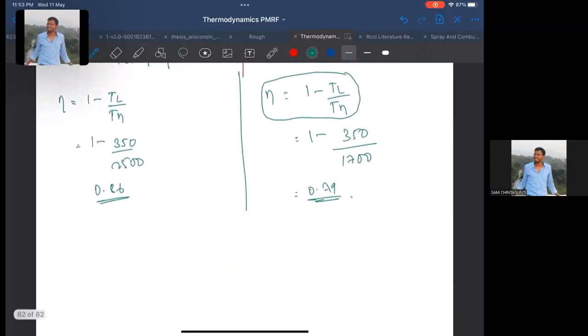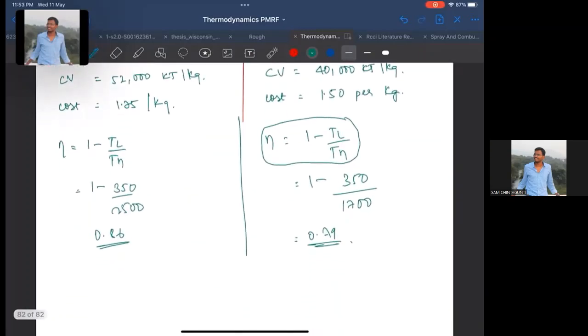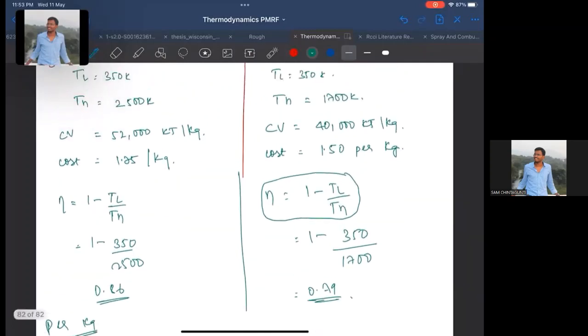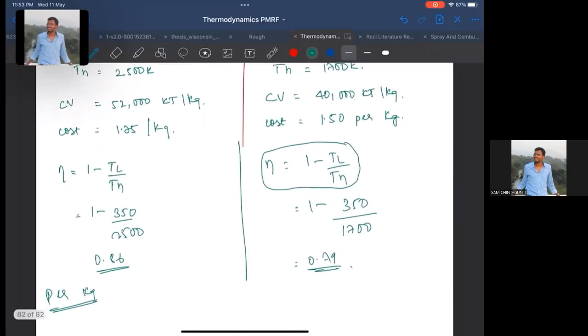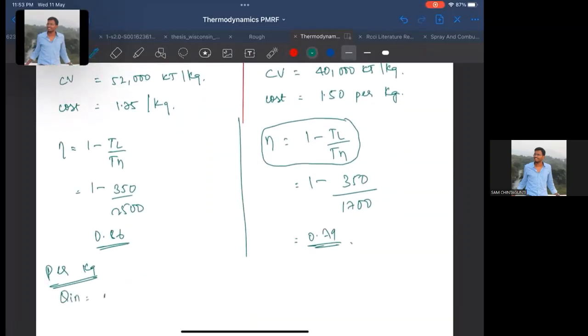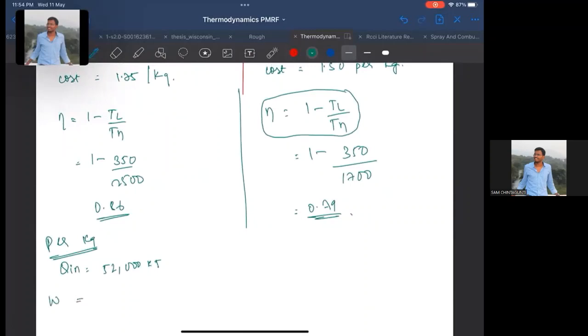All right. So now, let's do calculations per kg. Let's say we are using 1 kg of fuel A or 1 kg of fuel B. So in the first case, your Q in is equal to 52,000 kilojoule, and that will give you a work which is equal to efficiency into Q in. 0.86 into 52,000 is 44,720 kilojoule.